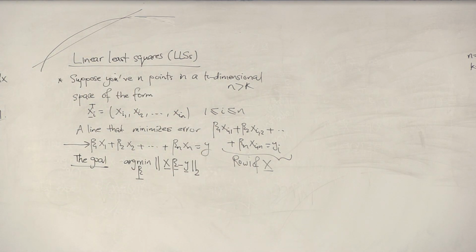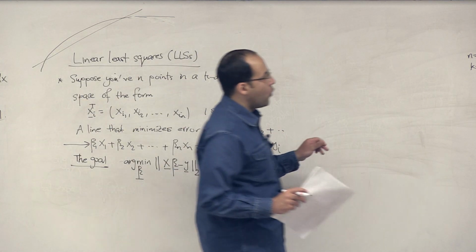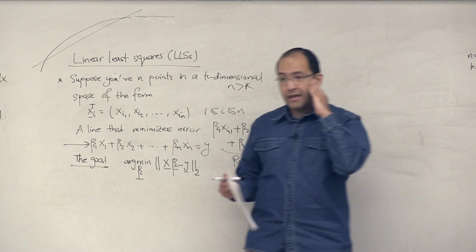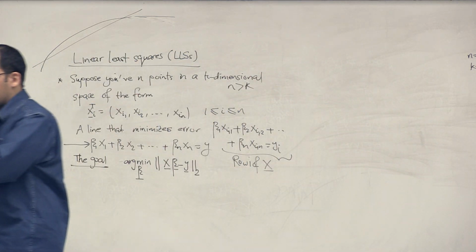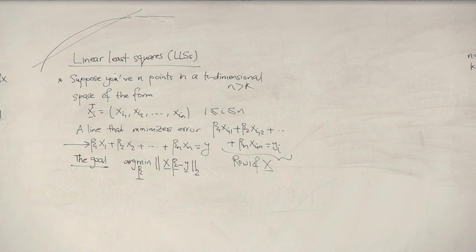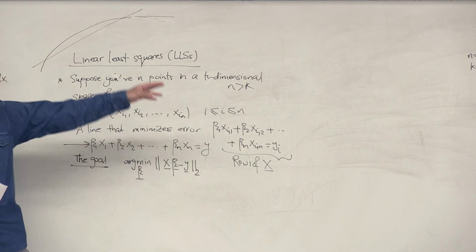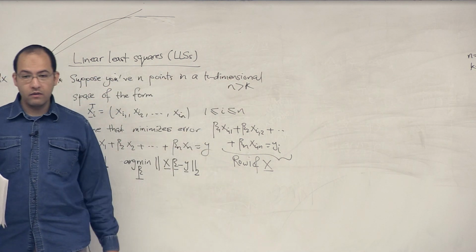Multiple quick things before we do the math. What happens when you only have two linearly independent data points? So instead of 9 in this example, you only have 2.